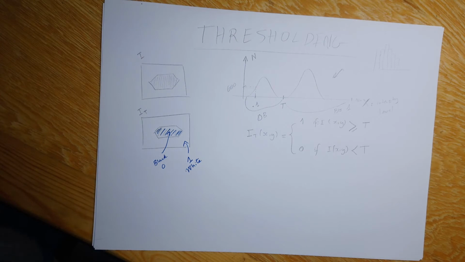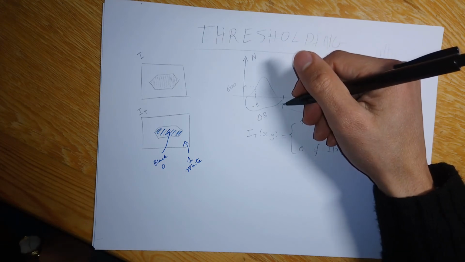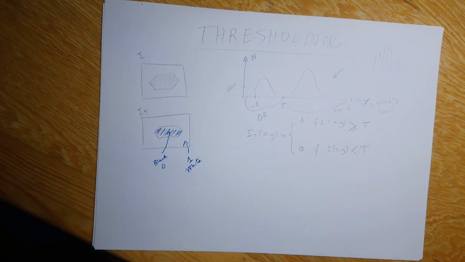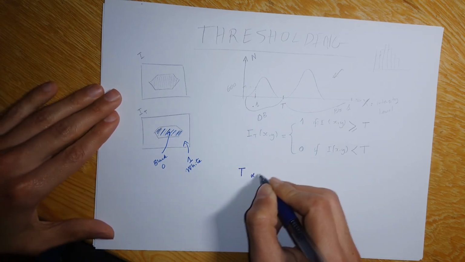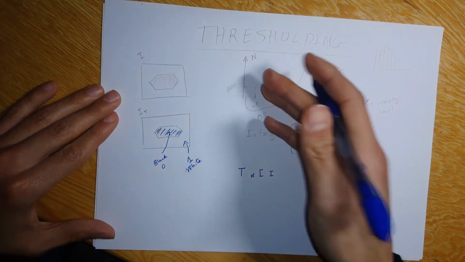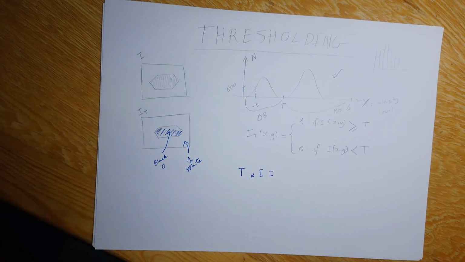So now let me give you a more formal definition of the threshold, because the one that we just saw here is fixed. Okay, it depends just upon the image. So a more formal, general definition is, as I said, a function, not a constant. So the threshold t is a function that depends upon the image itself, because different images would have different values, okay, and as a result, different thresholds.